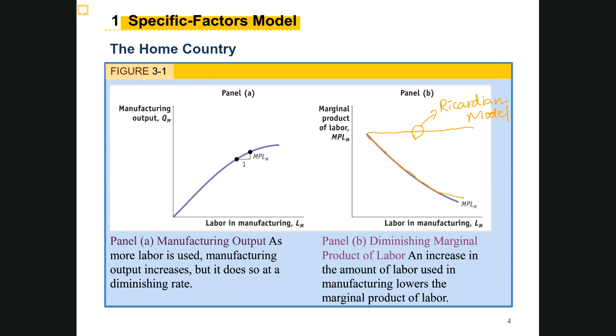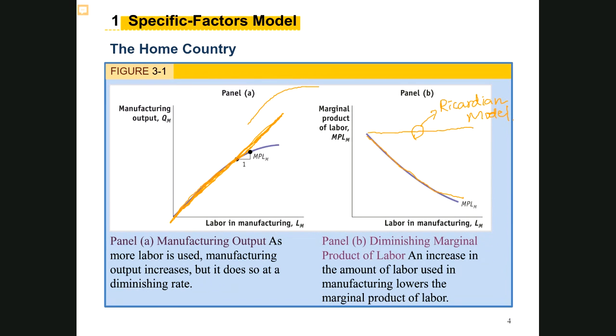And what does it mean for the total production line? It's like this, a straight line. So you won't have a curve like this that flattens. All right, so you will not have diminishing returns.